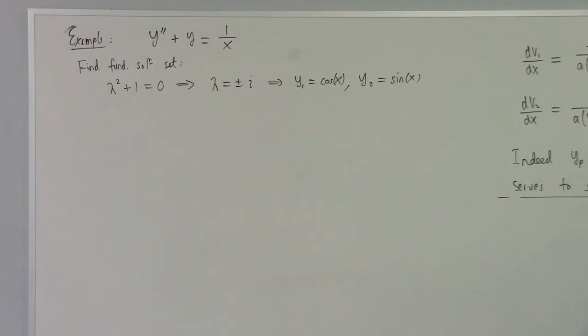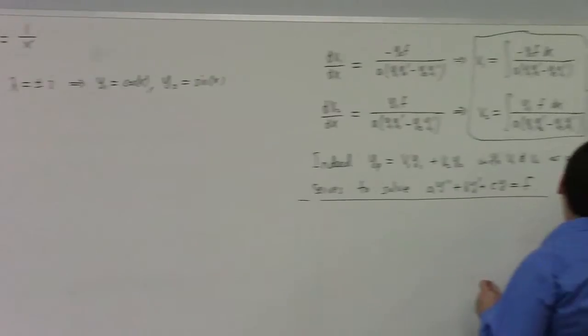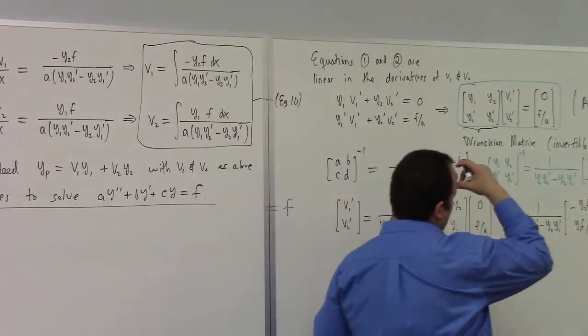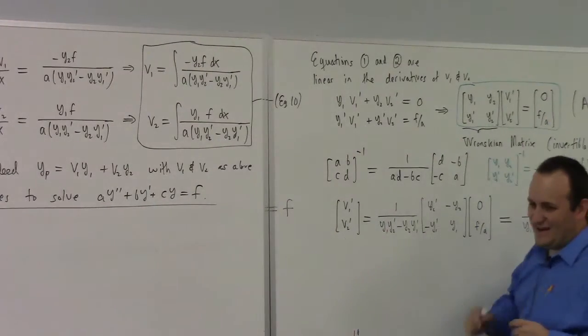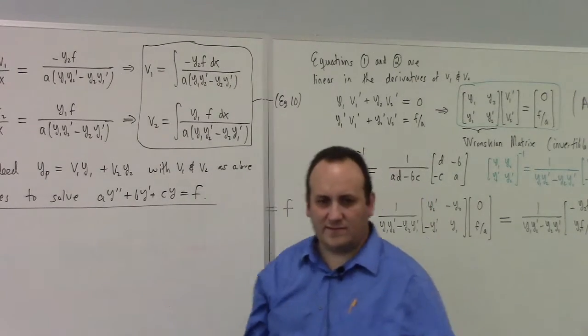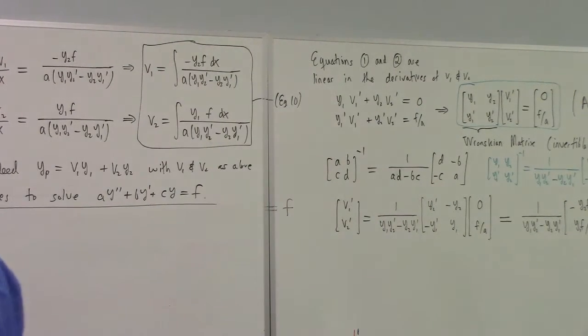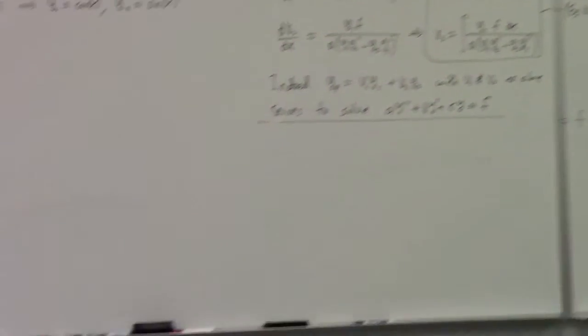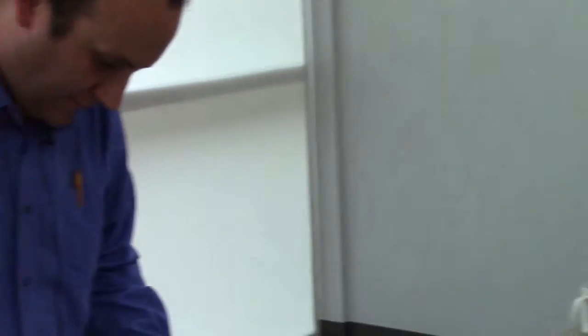But I'm thinking of a different edition of the book, so I'm not sure. It may be equation 10. I think these might be equation 9. I don't have my book in front of me. Oh, good. That's fine. I'll take a second. I guess something useful can come of this.